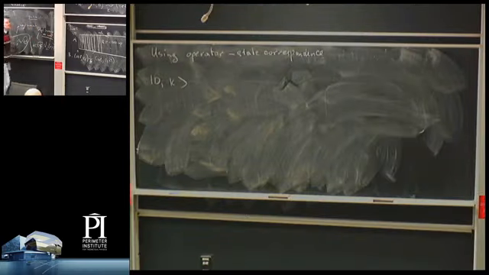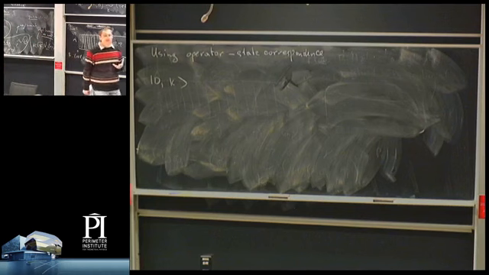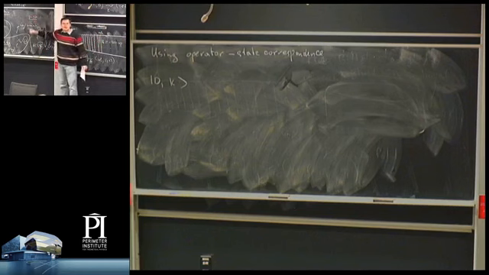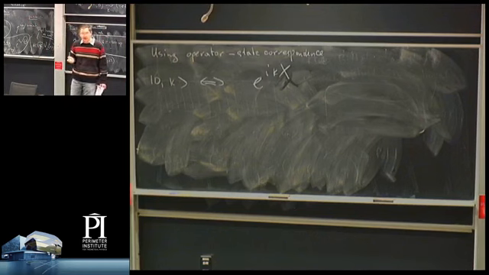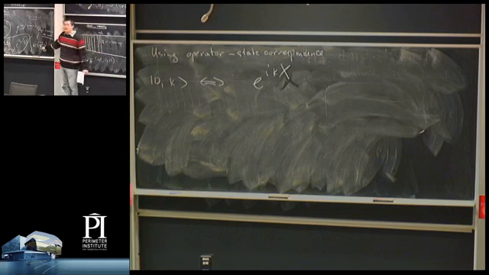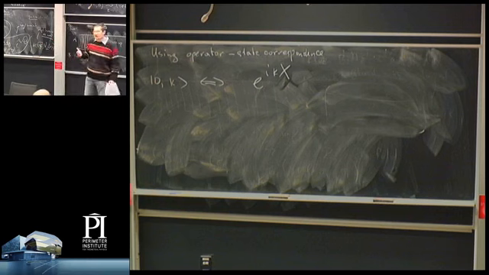Right? Otherwise, we're facing exactly the same problem. If our string does not live in 26 dimensions, then the classical Weyl symmetry has an anomaly. Likewise, if it just so happens that these vertex operators are not Weyl invariant, then we also break this symmetry, which we cannot do.